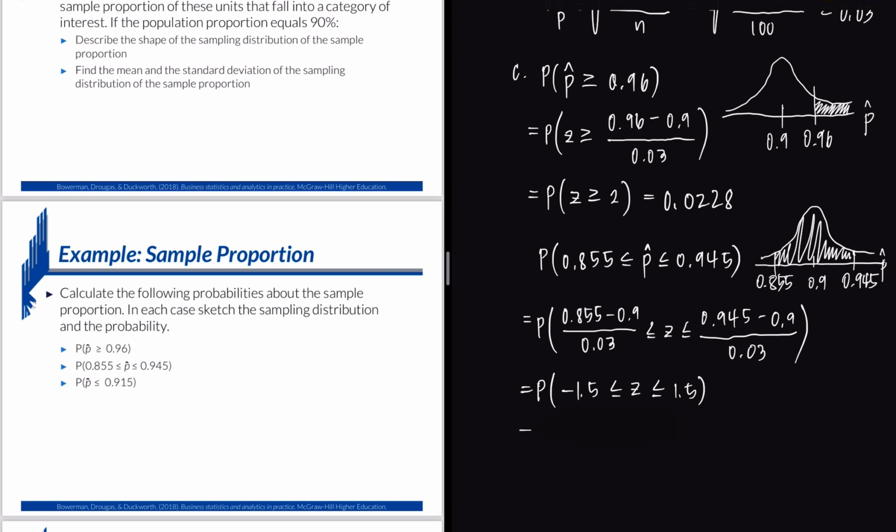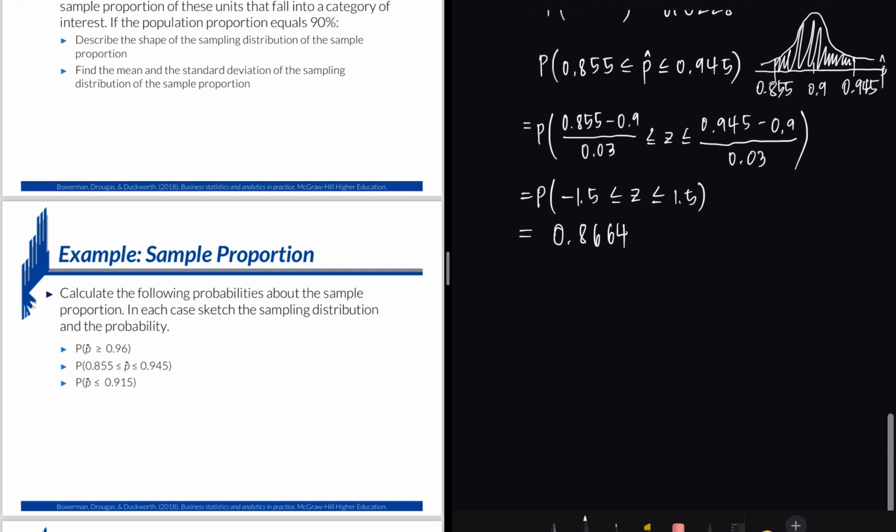So computing for this probability using the standard normal table or the normal distribution function in the calculator, again, we do this by computing for the bigger probability first and subtract the smaller probability. So that's the area to the left of 1.5 minus the area to the left of negative 1.5. We should get a probability of 0.8664 or 86.64%.